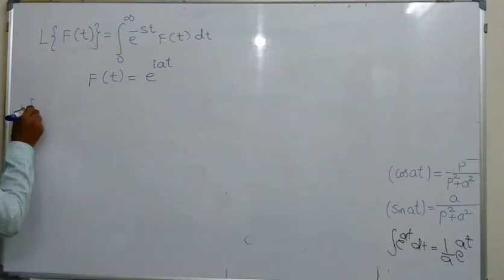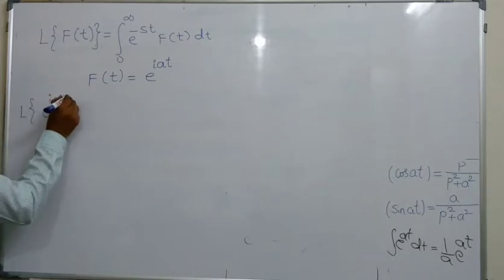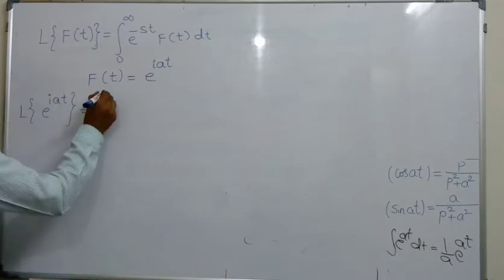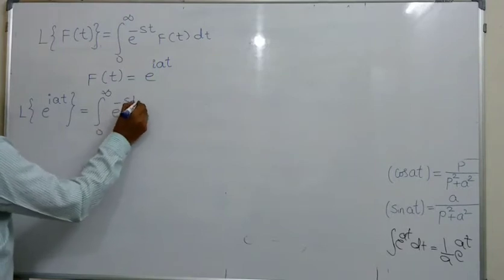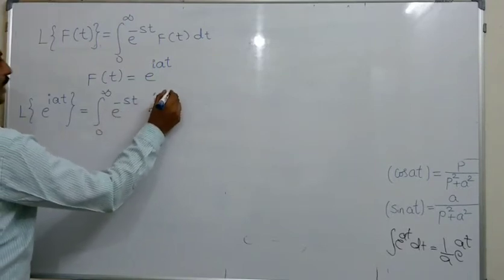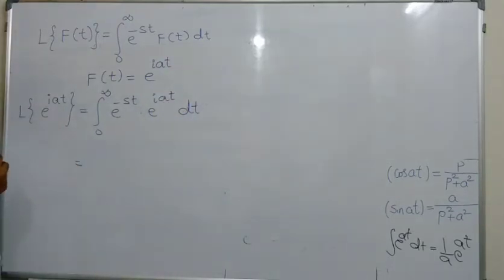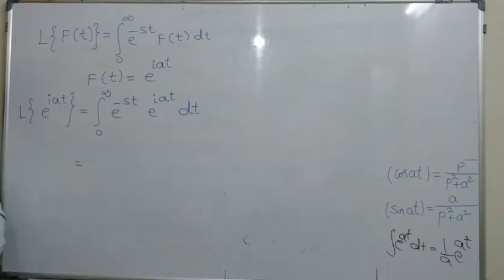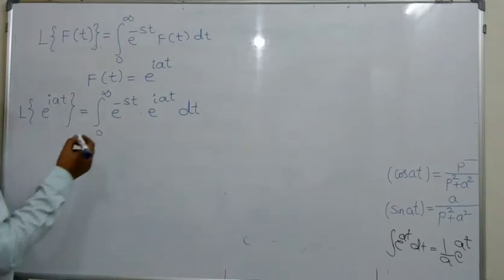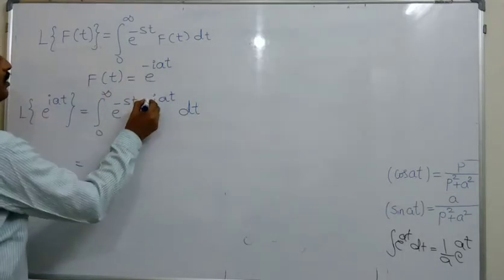Then this takes the form L of e power i at is equals to integral 0 to infinity e power minus st into e power iat into dt, which is equals to, again let us use the formula, a power m into a power n, a power m plus n. Sorry, replace e power minus iat.